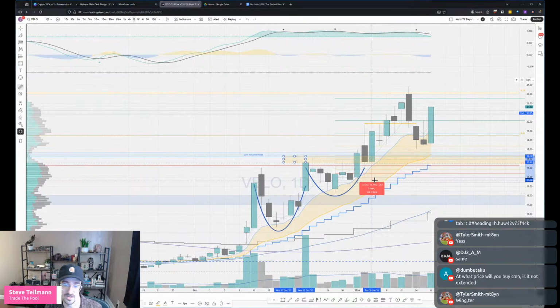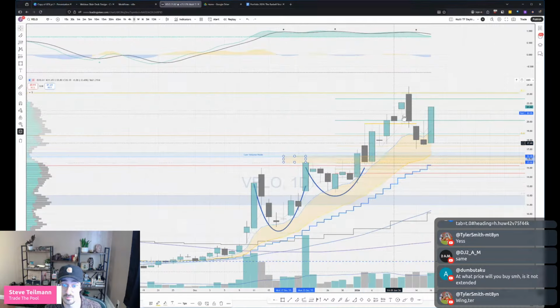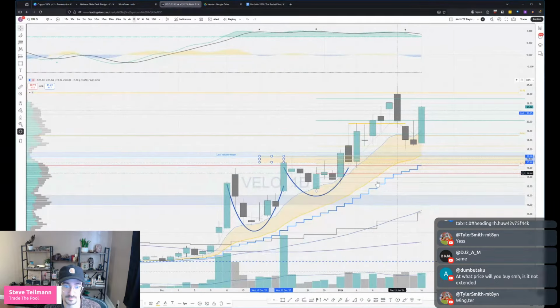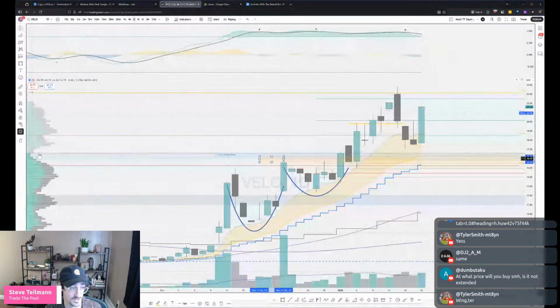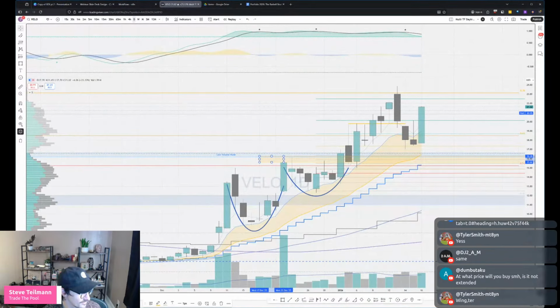So I adjust my sizing based on that. This one had like twice the risk, so I put on half the size and then I trimmed into 20. Still kind of going, but I'm still holding a few. But the idea is you get involved on these rising moving averages or the back tests into these low volume nodes, that kind of thing.